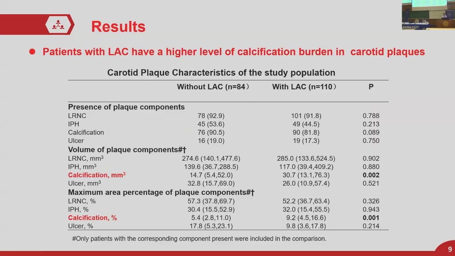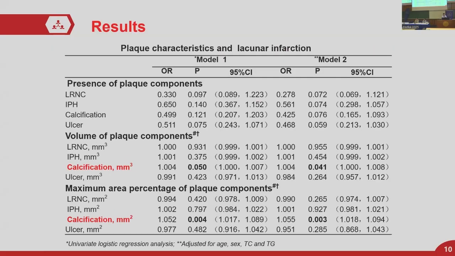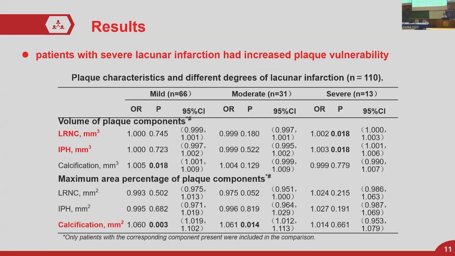We can see the patients with lacunar infarction have a higher level of calcification burden in their carotid plaques, and this remains the case even after adjusting for confounding factors. The difference is that in the subgroup analysis, it was found that patients with severe lacunar infarction had increased plaque vulnerability. The volumes of intraplaque hemorrhage and carotid lipid-rich necrotic core were larger.